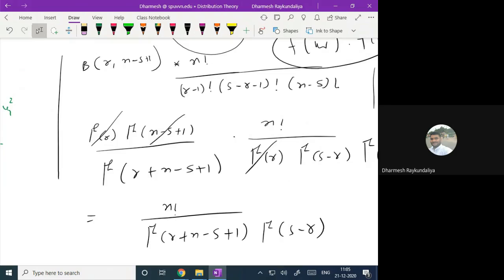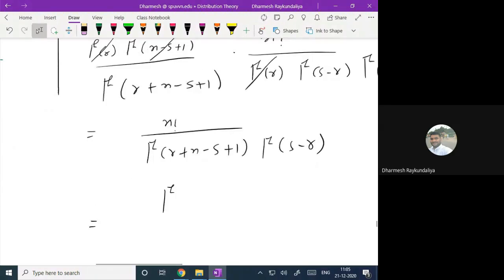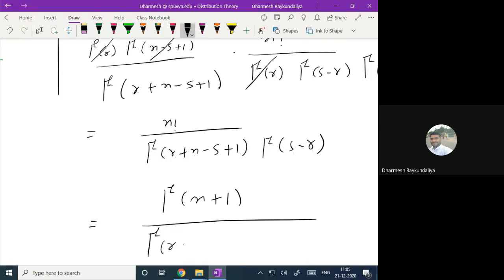If you add it, you can write it as n plus 1. What is the sum of this? The r and the minus r cancel out here, s minus r. So what remains is n plus 1, and that is nothing but the sum of r plus n minus s plus 1 and s minus r.